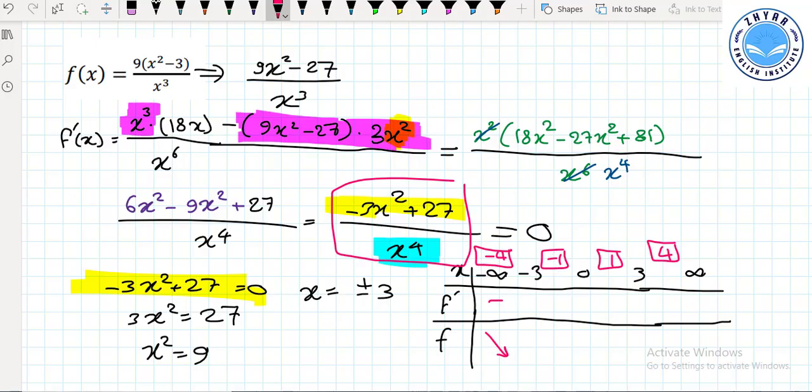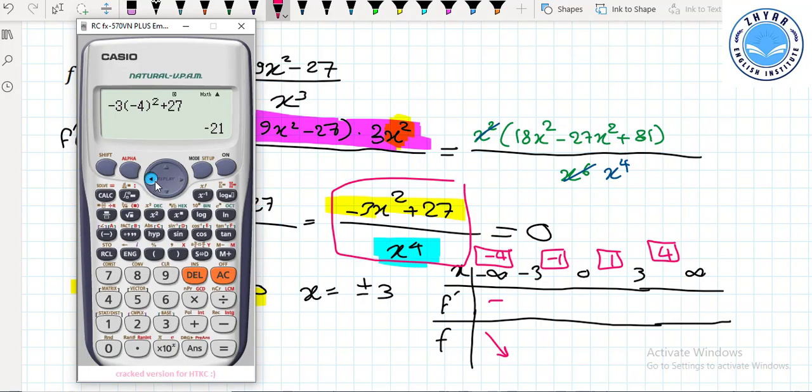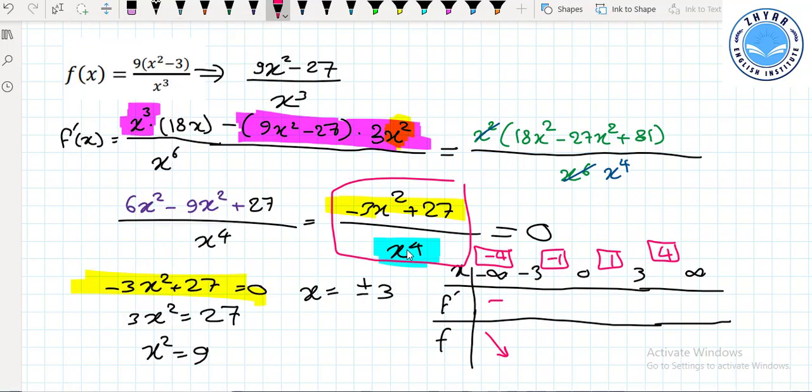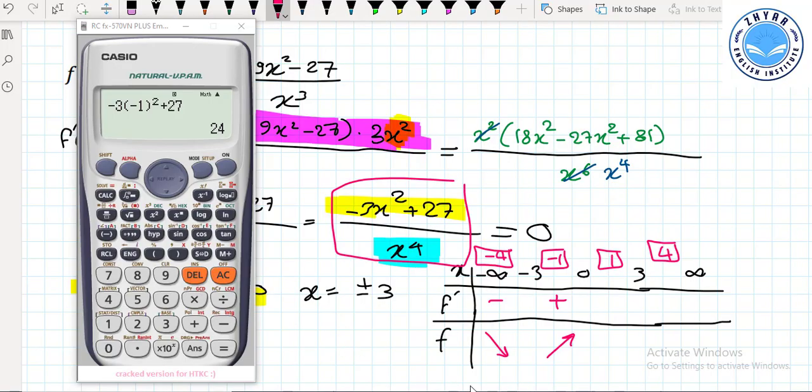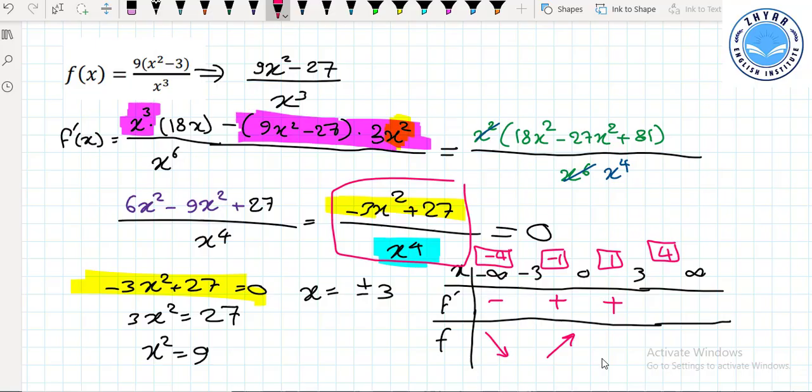Now for negative 1. If we input -1 into the derivative, -1 makes the numerator positive and denominator will be positive as well. That is positive, increasing. If we input 1, -3 plus 27, that is positive, divided by positive is positive.